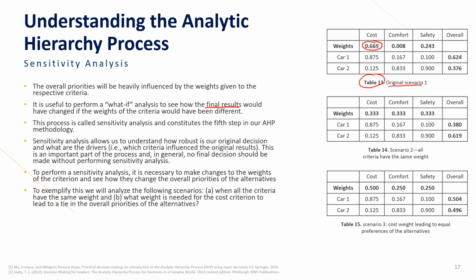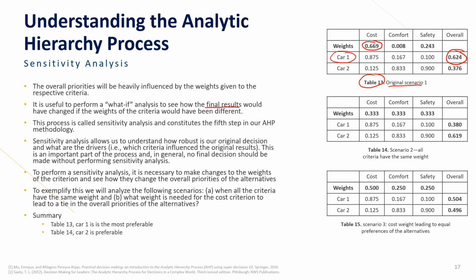Number 2, or B: what weight is needed for the cost criterion to lead to a tie in the overall priority of the alternatives? So okay, we know that we prioritize cost for this one. However, if you reduce the weight of the cost, at which weight will the score be high? So in summary, we can see here table 13 is the original scenario where car 1 is the preferable decision.